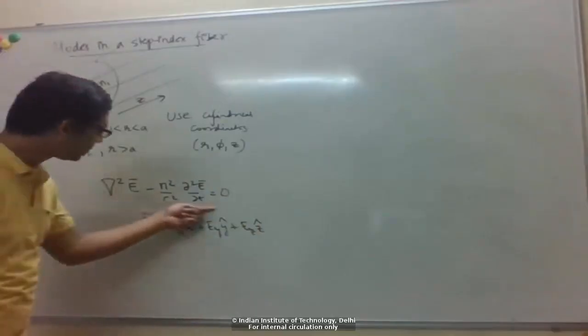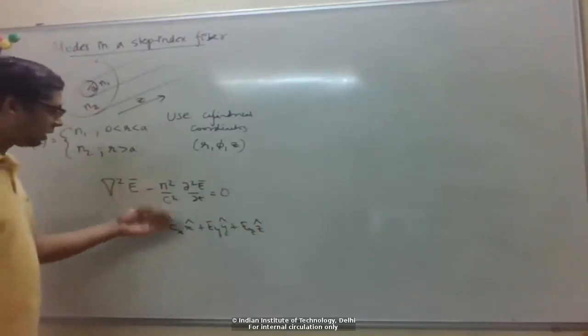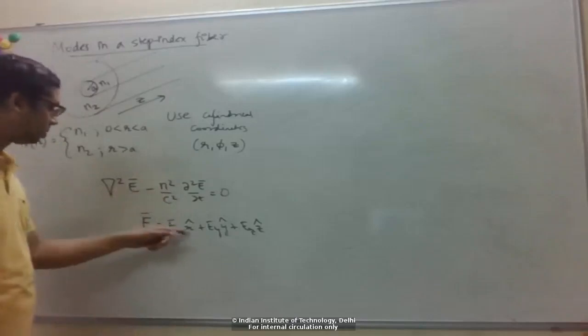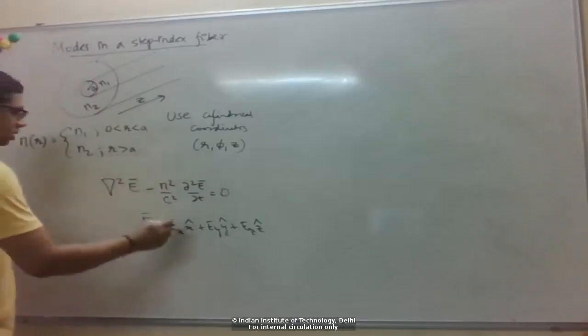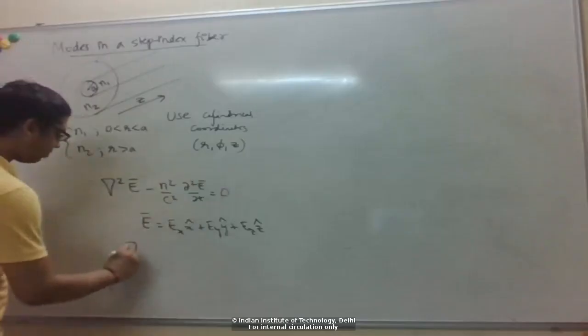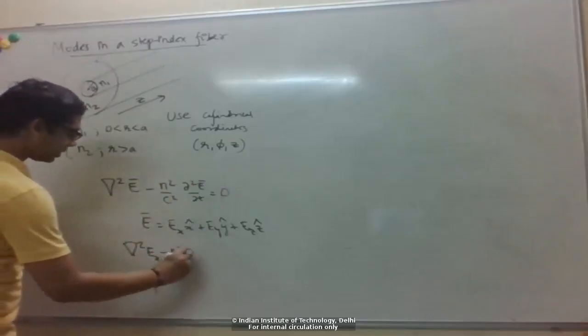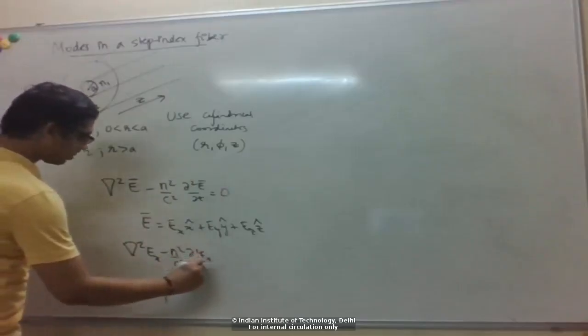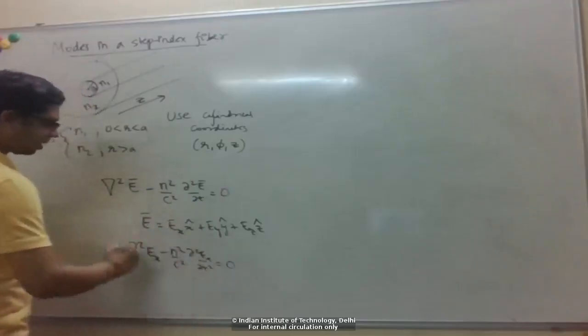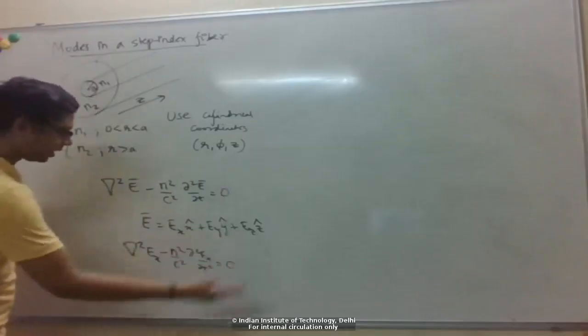So this vector equation reduces to three different scalar equations. Basically, the x cap component will have del square Ex, so this is a scalar equation. Similarly for the y component and z component.